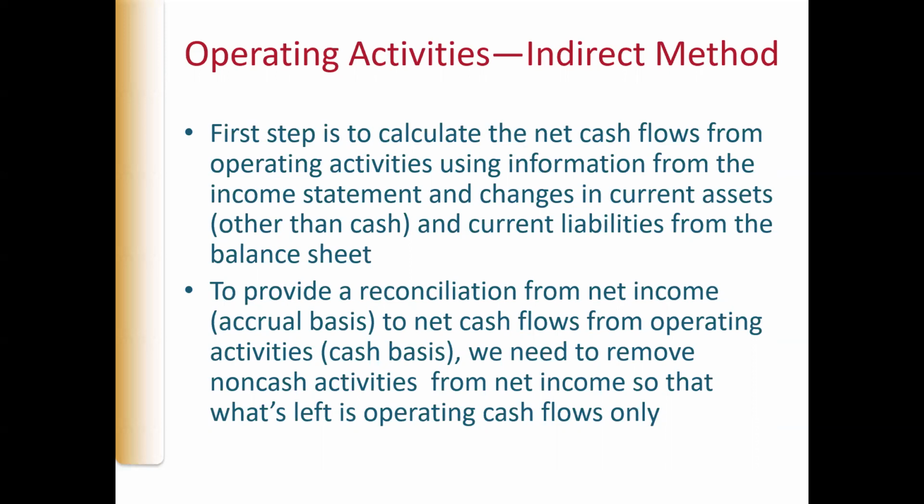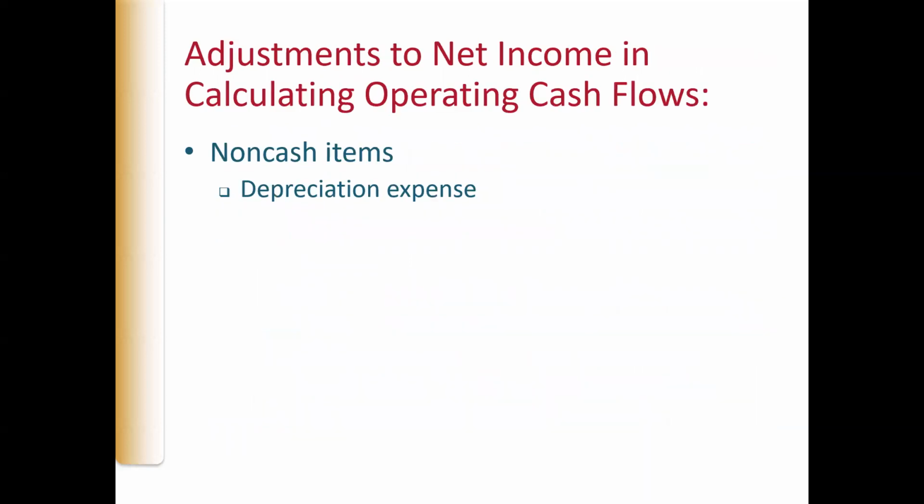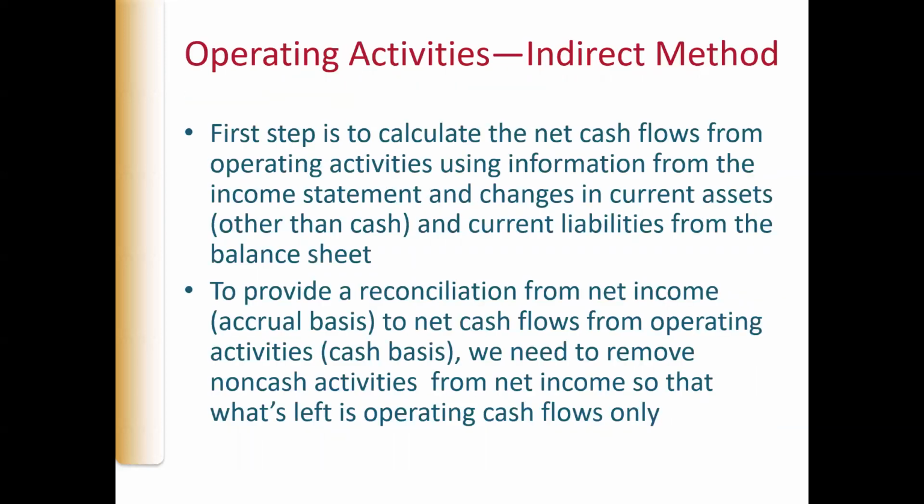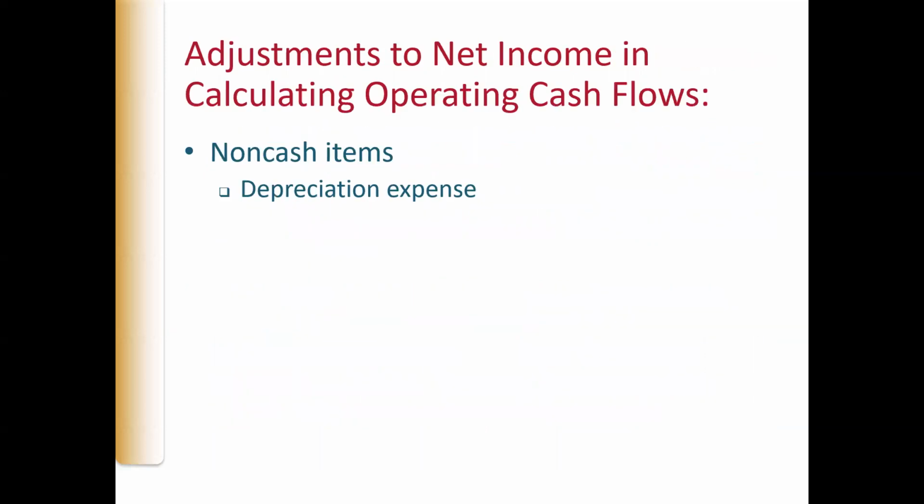Remember, we don't put in non-cash activities. To provide a reconciliation from net income to net cash flows, we need to remove non-cash activities from net income. So what's left is operating cash flow. Think of it this way. Our net income includes depreciation expense.